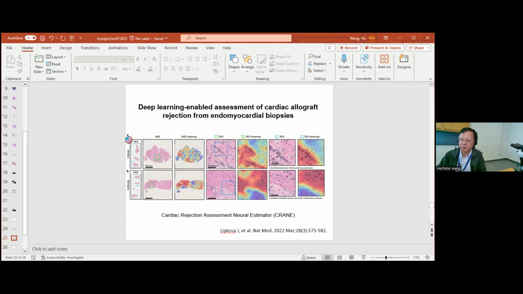This is one program from 2020: people from Mass General and Greece collaborated and designed an algorithm called screen. As you can see, it can capture both cellular rejection and antibody-mediated rejection. In cellular rejection, it highlights infiltrate. In antibody-mediated rejection, it highlights interstitial edema and capillary enlargement.